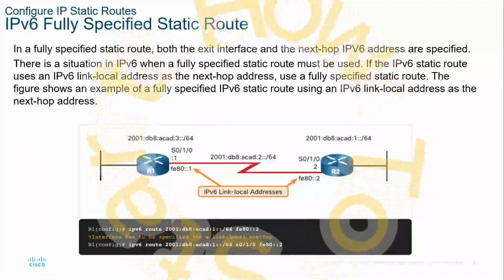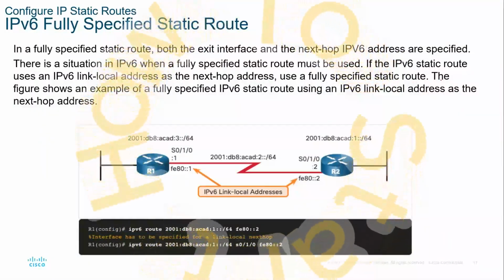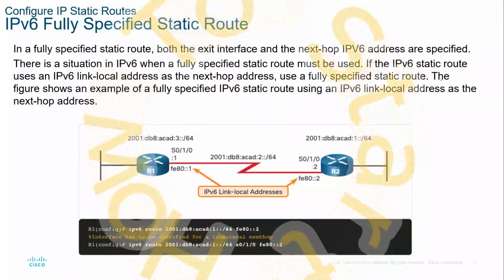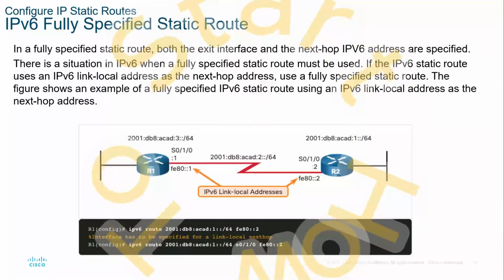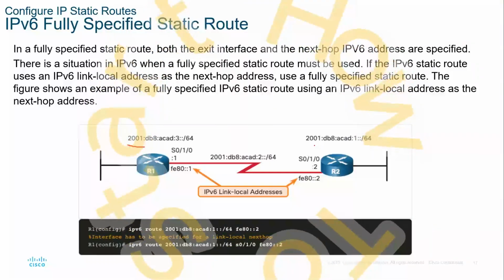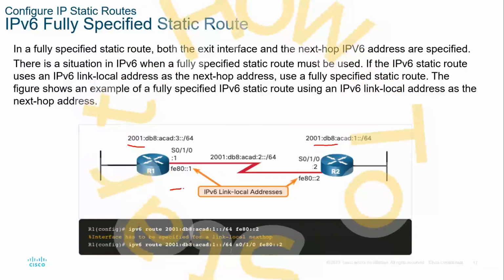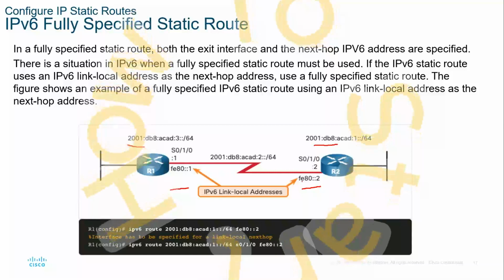For a fully specified static route for IPv6, they will be using the link local address, the FE80 addresses between the two. Even though they may have a global unicast address, point-to-point networks will use the link local addresses, the FE80 addresses.